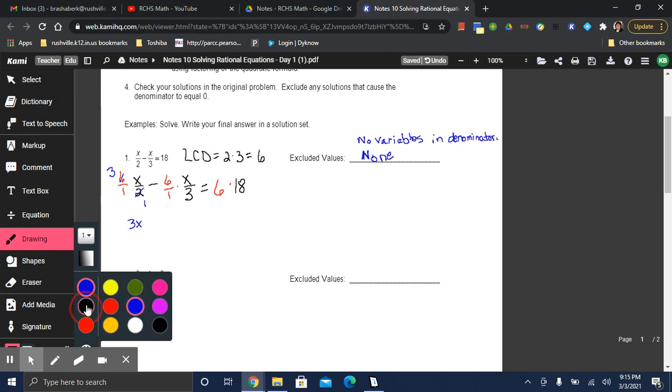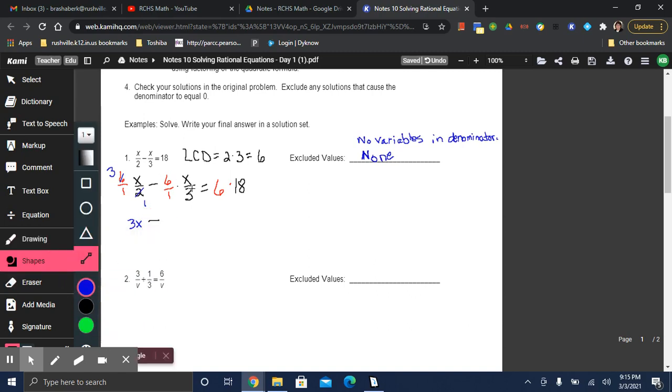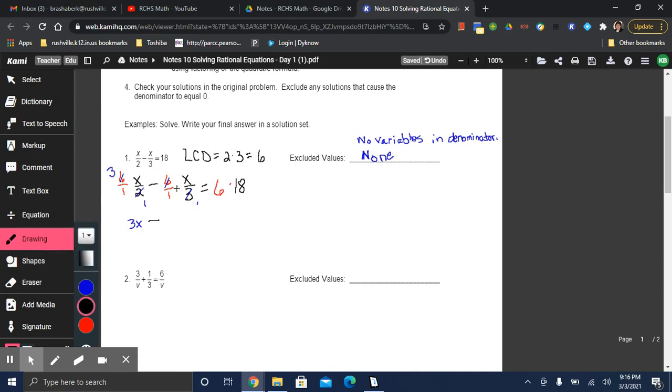All right, then I have minus, and I'll go on to my next division. I can cancel my 3 and 6. 3 goes into itself once and gives me a 1. 3 goes into 6 2 times, and so 2 times x over 1.